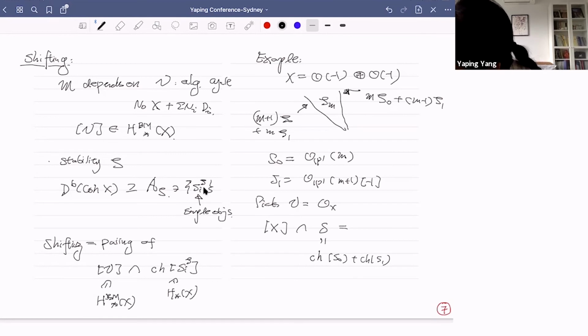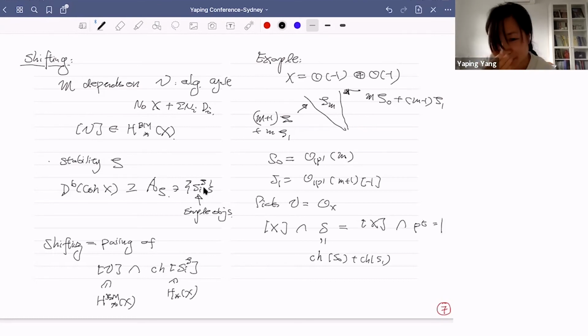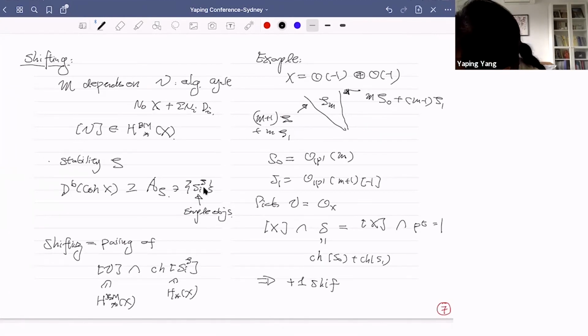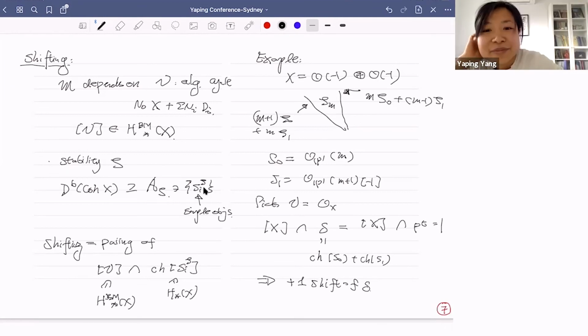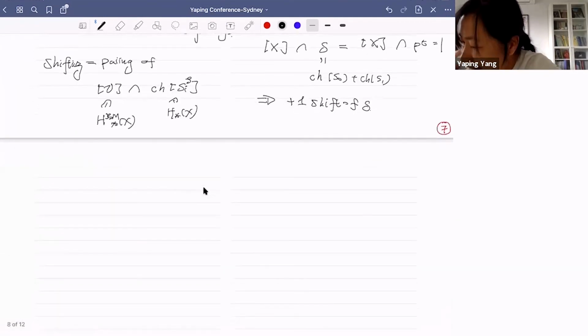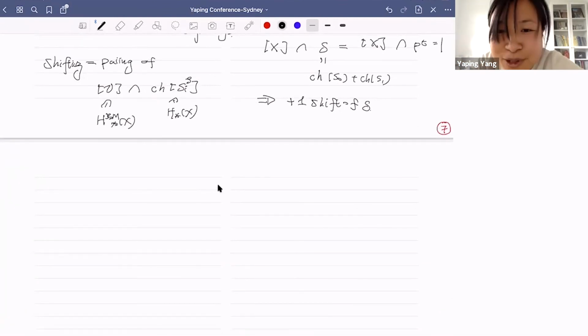Okay, so if you do the computation, this will be X paired with a point, so that's 1. So in other words, the proposal says here I should see the +1 shift of the imaginary root. Right, so I give you a general conjecture in this general setup for toric Calabi-Yau threefold.